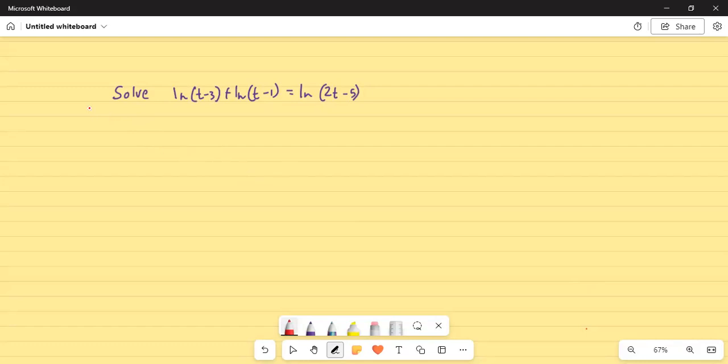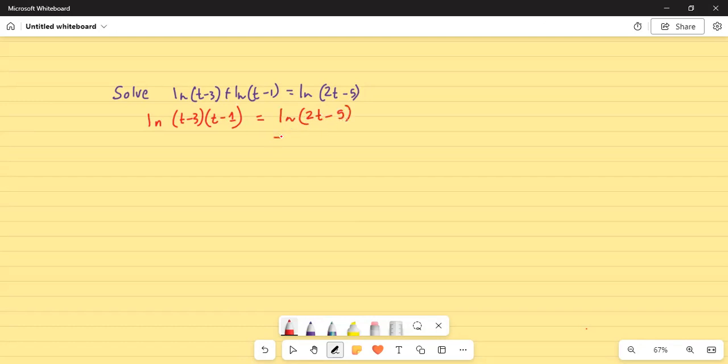So this becomes logarithm of t minus 3 times t minus 1 is equal to logarithm of 2t minus 5.